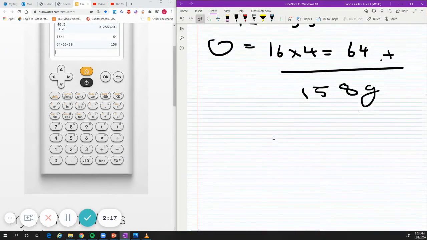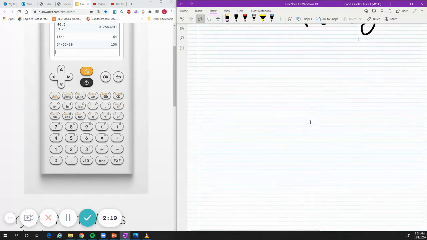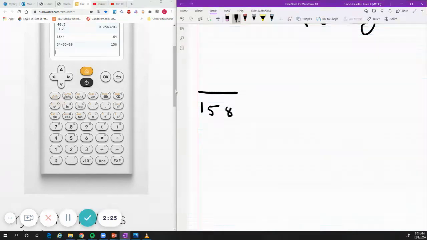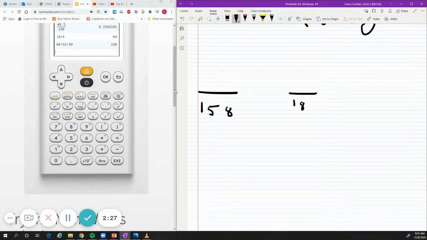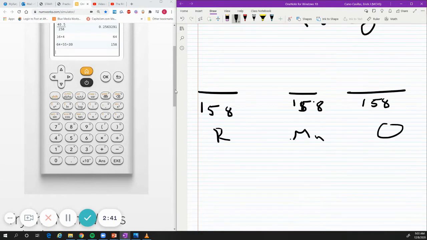Now comes the easy part. You want to find out the percent for each of these. There's only 3 elements, so you're just going to do this 3 times over 158, the total: 1 for K, 1 for Mn, and 1 for oxygen.